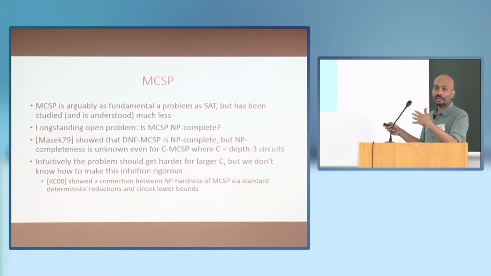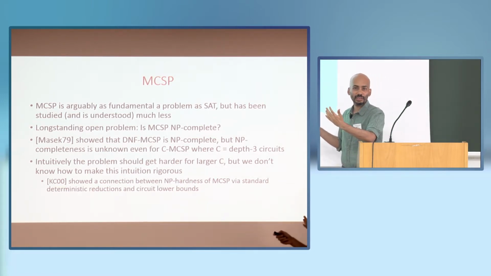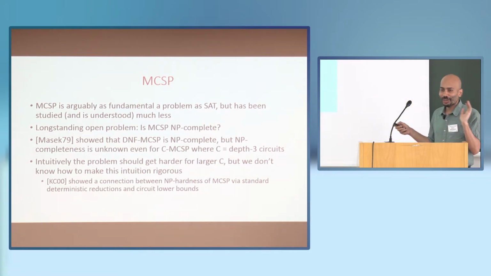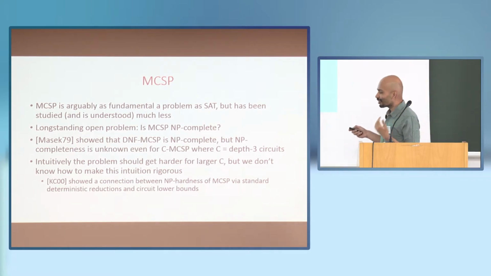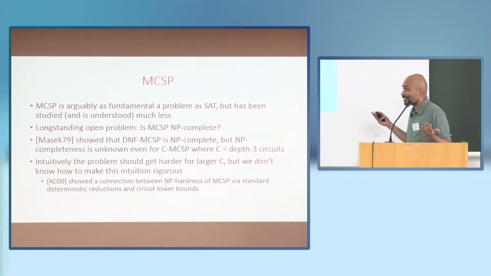That means you'll easily be able to generate no instances of MCSP: you generate no instances of some easy language, run the reduction, and get a no instance of MCSP. But that means you get hard functions, which is something we don't know how to do. We don't know how to get circuit lower bounds in EXP, and that seems to be a very hard question.